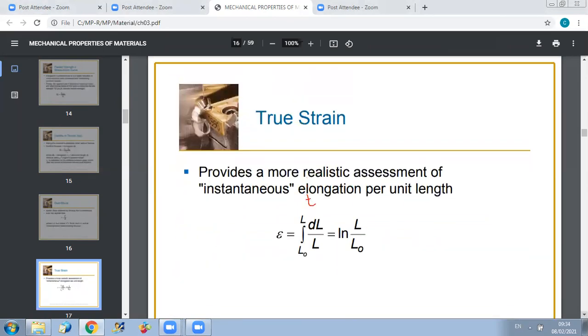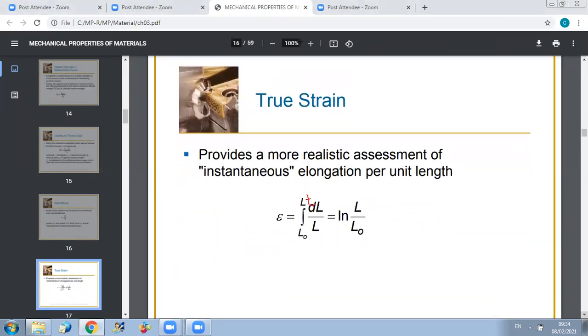Now, as we have true stress, we also have true strain. How is true strain defined? You know that engineering strain is defined as L minus L0 over L0. What we are doing is comparing to the initial length. But if we want to be more accurate, at each stage we should compare to the current length.